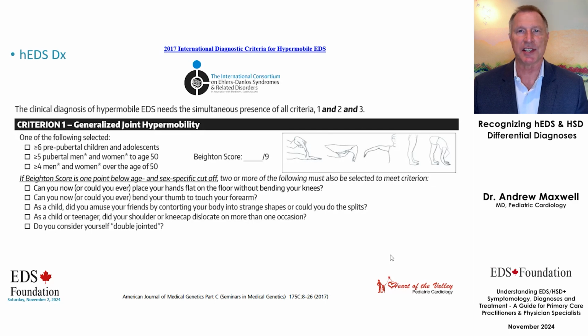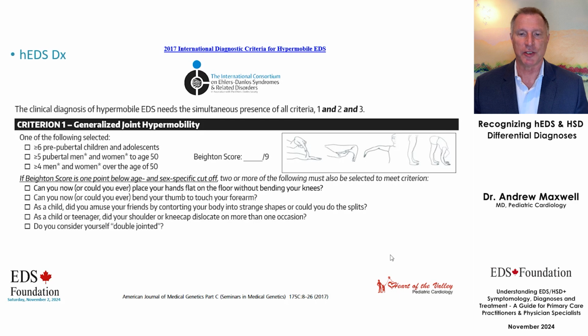Since then, it has received a lot of feedback indicating that new criteria will probably be necessary and soon coming. What they did was break this up into three criteria that all needed to be present. Criteria 1, 2, and 3.